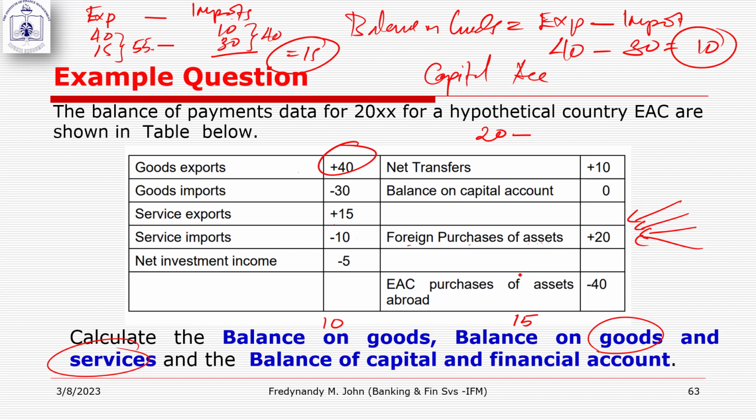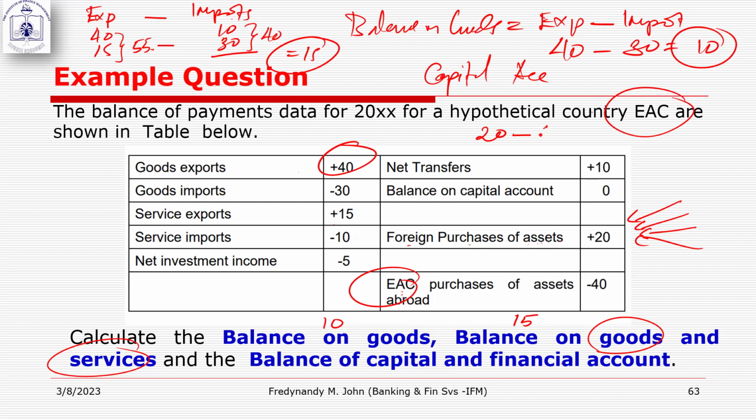Minus EAC purchase of assets abroad. Now, this is the BoP of EAC. The country here is EAC. Here we see that the residents of this country have purchased some assets abroad.